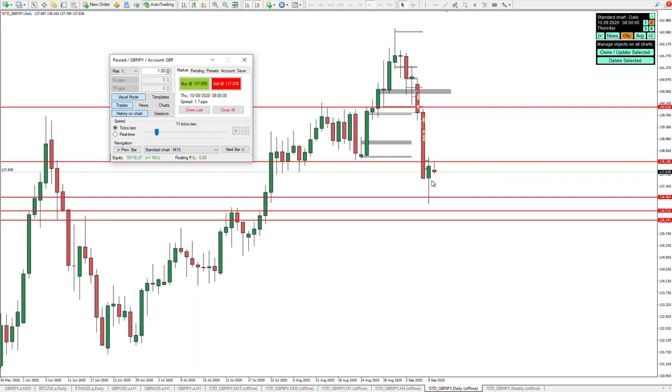Now the candle from yesterday is a bullish candle, ended as a bullish candle, made the lower low compared to the candle before. It looks like it is testing this support. Interesting.